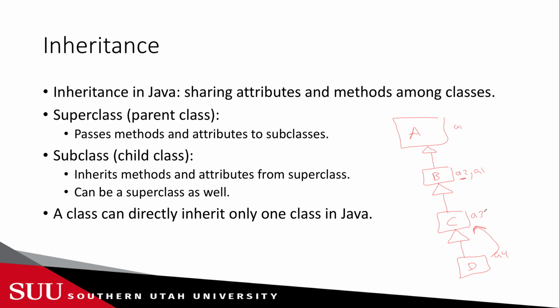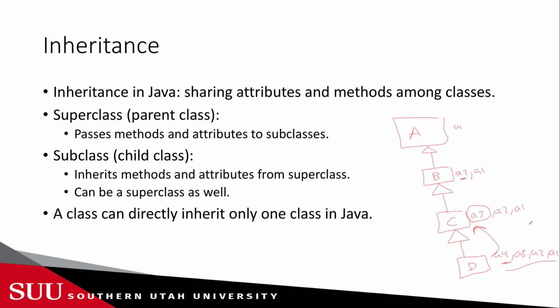For C, it is the same case. It is going to define A3, but then it's going to inherit A2 and A1. And finally, for D, it's defining A4, but then it's inheriting A3, A2, and A1.